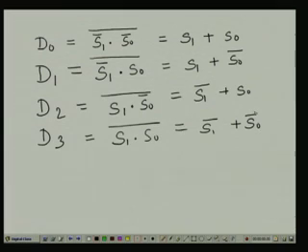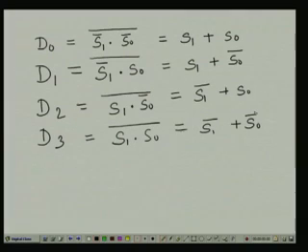Now, we can notice that for the active high decoder the output expression is an AND, and when we move to active low it becomes the OR.